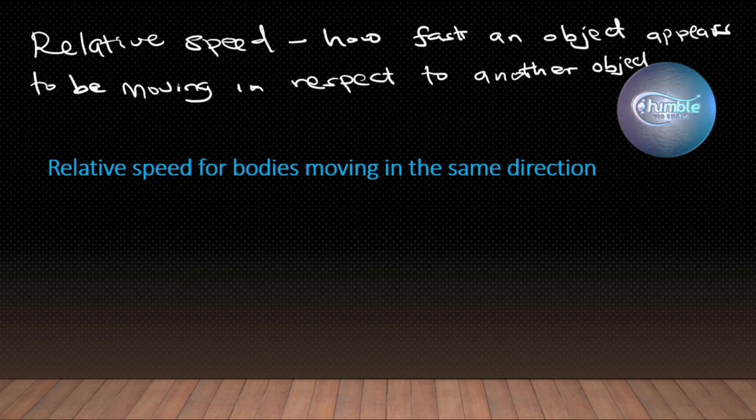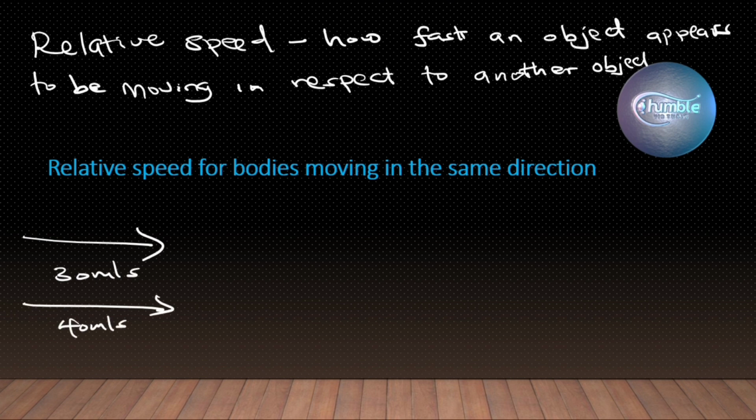Now, we are going to talk about relative speed for bodies moving in the same direction. If bodies are moving in the same direction, then how do we get the relative speeds? If one body is moving at maybe 30 meters per second, and another one is moving at 40 meters per second, then you have to determine which body is moving faster than the other and by how much.